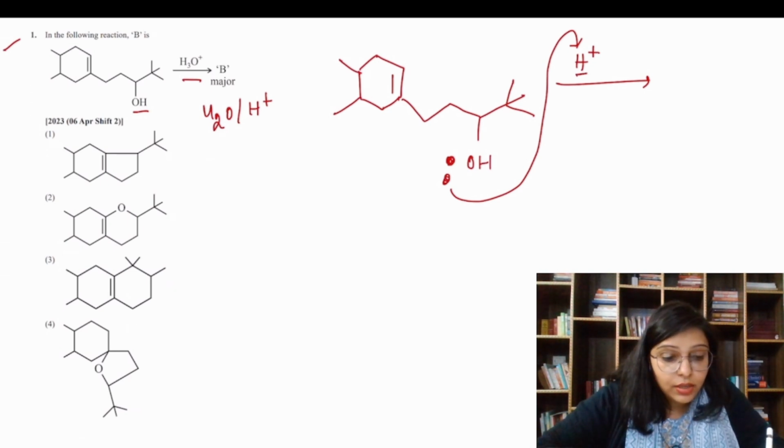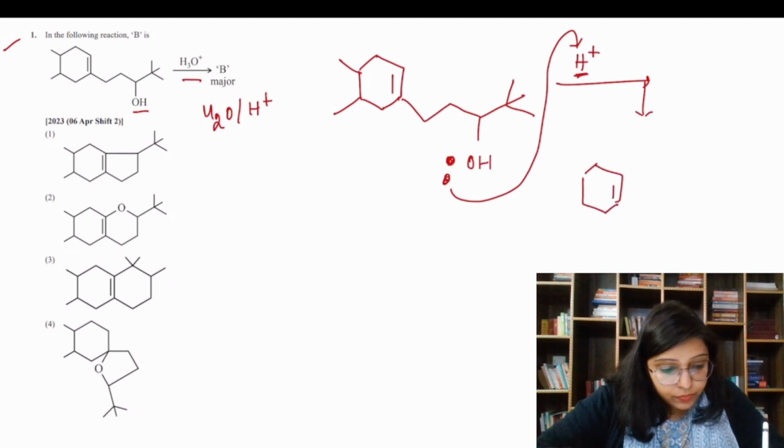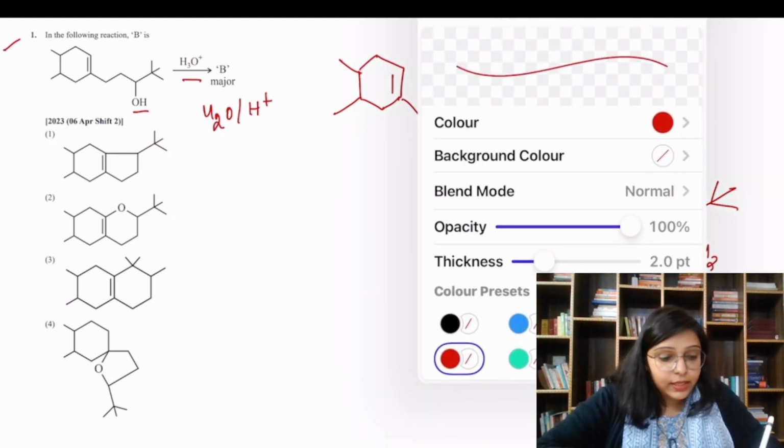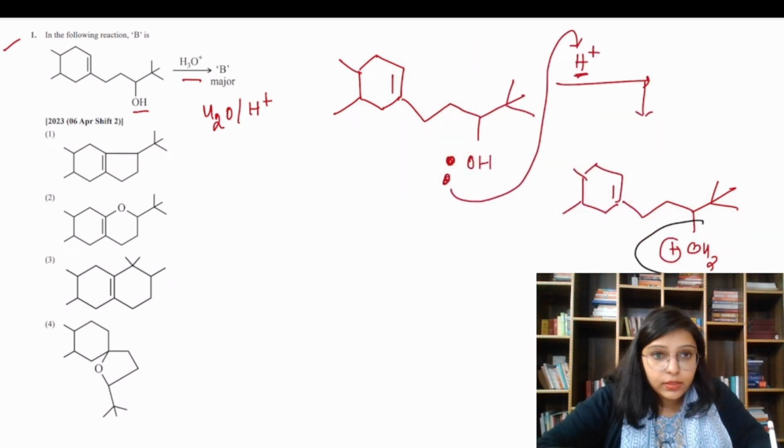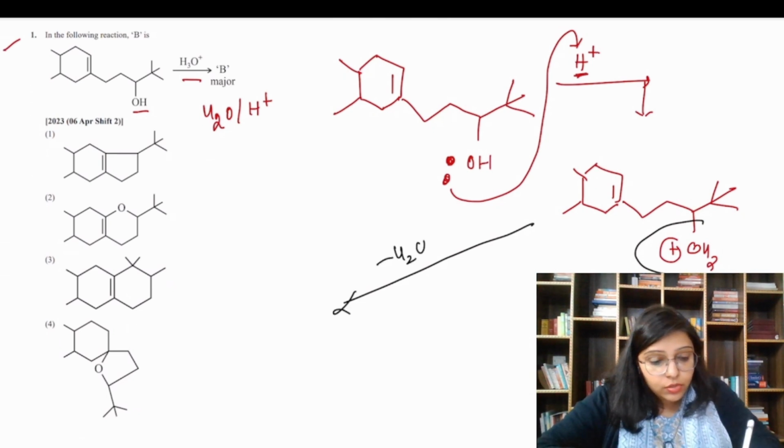H plus does not have electrons, so less electron density. So we get this one. OH2 positive and this. Now in the next step what happens? Water leaves, right? Water leaves. So if we remove water, so we write this.